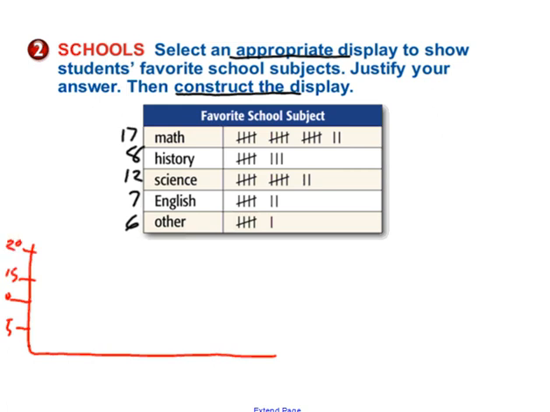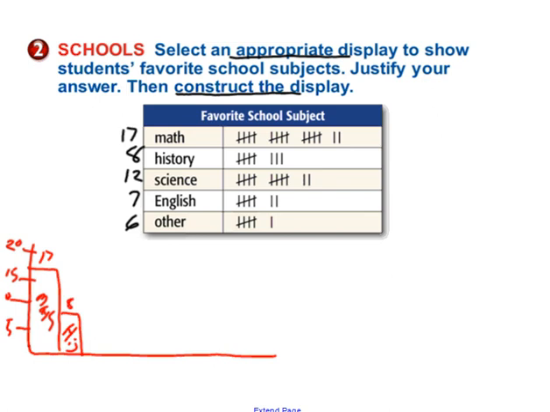So the first area would be math, would be about 17. So almost halfway here. So this would be for math, and my value is 17. For history, would be not quite to the 10 mark, but it would be close. That would be a value of 8.